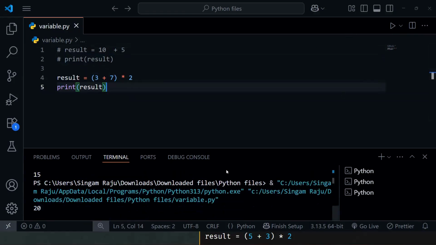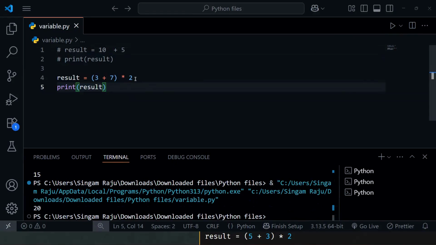And run it. So the answer is 20 because first it will add 3 plus 7, which is 10, and then multiply by 2, which is 20.